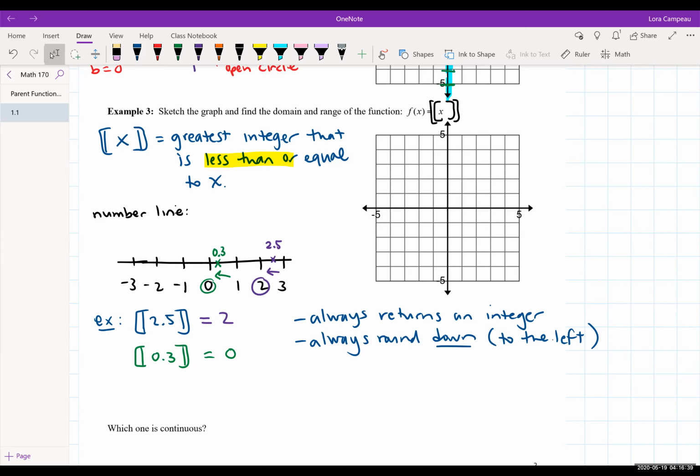Let's look at sometimes when we have negative numbers. That could give us a little trick there. So let's go with, I'll go orange this time. If I saw something like negative 2.1, I'll go where negative 2 is, and I'll mark where I think negative 2.1 should be.